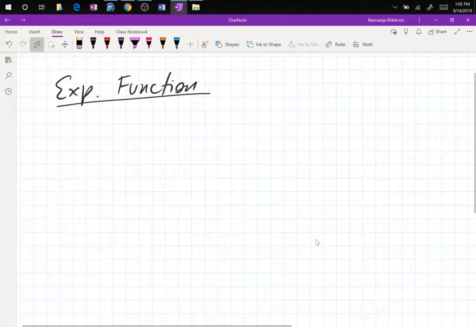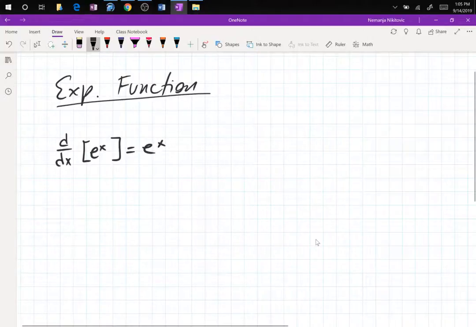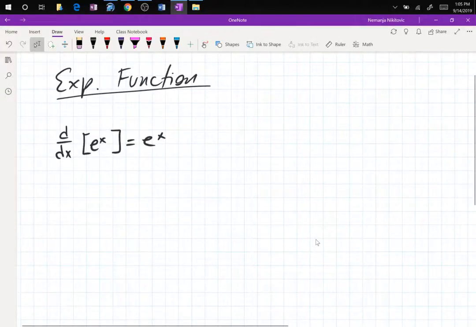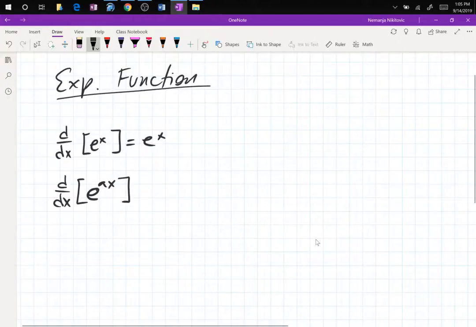So we start with the exponential function, and the first order of business, guys, is that you remember that the derivative of e to the x is e to the x. So this is the first formula you have seen, and one that you remember. Now you might have also remembered that the derivative of e to the ax, so if you have e to the 3x, e to the 6x or something, is a e to the ax.